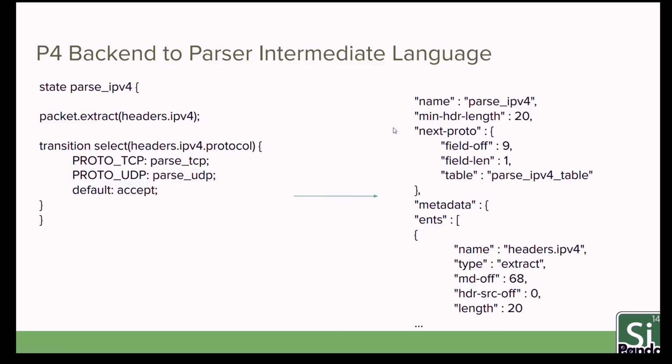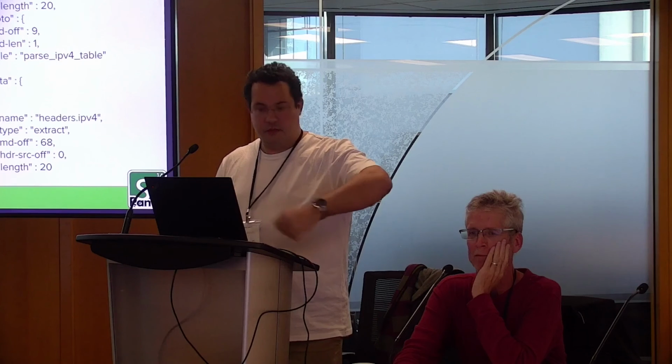The table is going to say, if the constant is proto TCP, then the next pass node is going to be pass TCP. If it's UDP, go to pass UDP. And the default is accept, which means just don't drop the packet, but it doesn't go anywhere, doesn't have an X proto, for example, right?